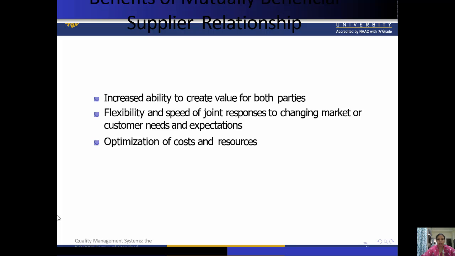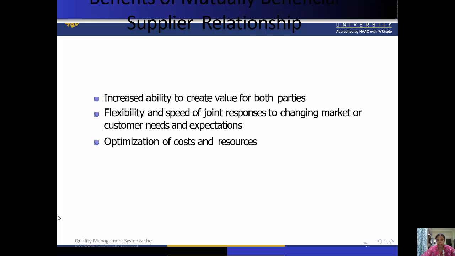So there are multiple benefits of a mutually beneficial supplier relationship, in which the first one is increased ability to create values for both parties. So it is essential that there is an increase in the values as well as the ability for both parties.